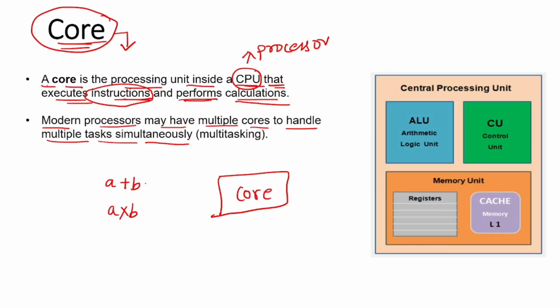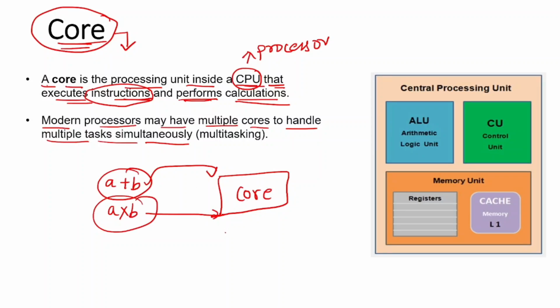Suppose you give these two operations to the core, to do a plus b and a into b, the core can't do two operations at the same time. So how can you increase the processor speed? Got my point? Suppose multiple operations come at the same time, then your core can't do it.